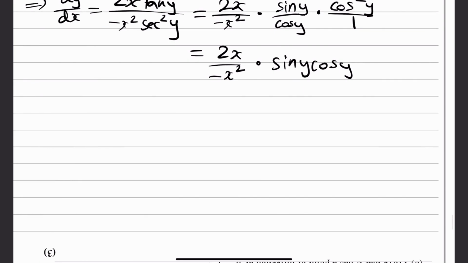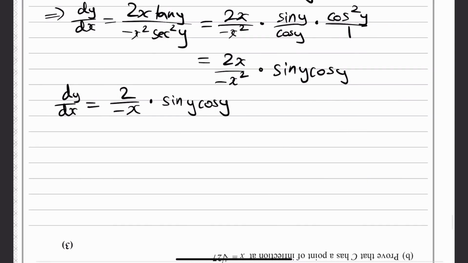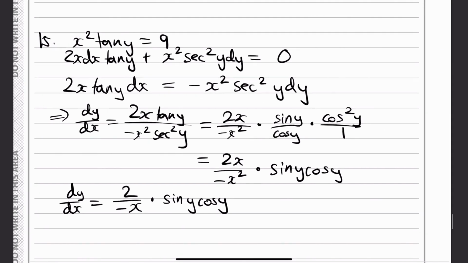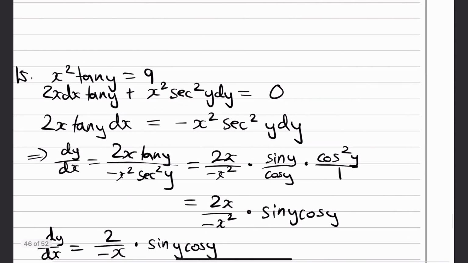Let's just do a bit more cancellation. You can get rid of the 2 on top. That's just minus 1 over x multiplied by sine y cos y. Oh, I get it. It's all in terms of x, so we have to put y in terms of x. That's good. We know tan y is equal to 9 over x squared.